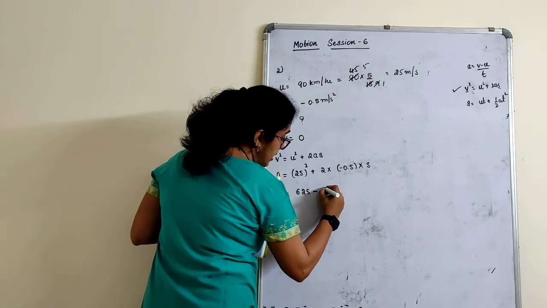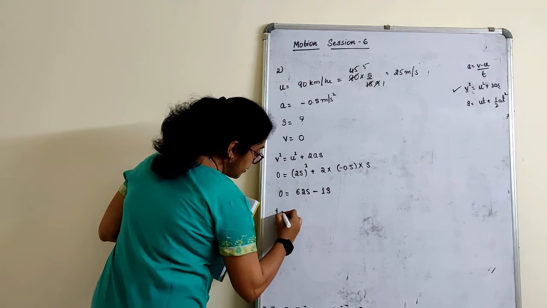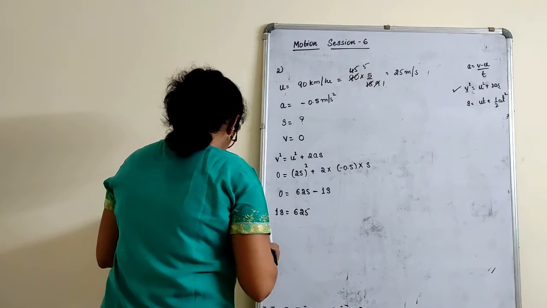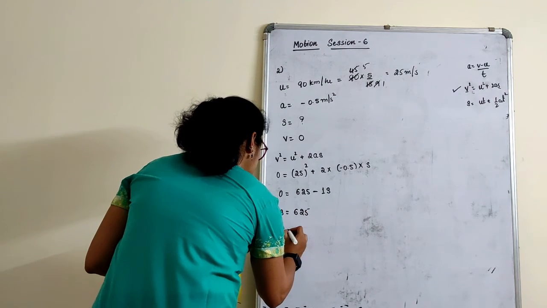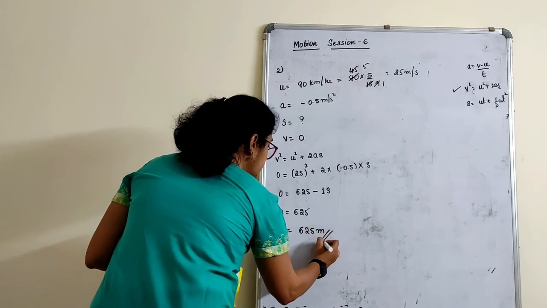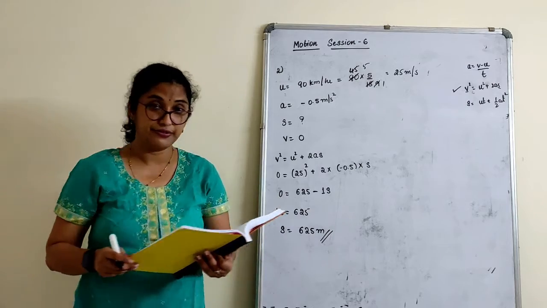So it is minus 1S. Shift this side. 1S is equal to 625. So distance is equal to 625 meters. Distance should always be positive. Distance can't come in negative.